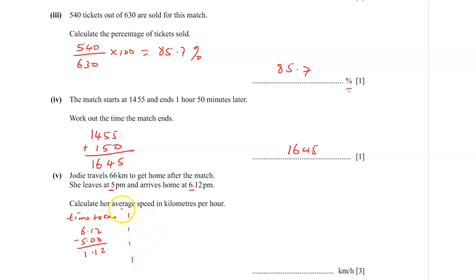Therefore, we need average speed. You know that speed is equal to total distance traveled over time taken. Speed is given in kilometers per hour, so we need to change this into hours.